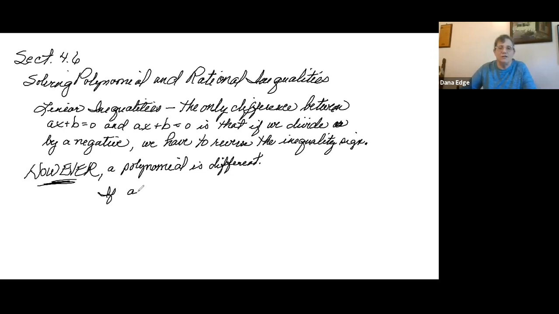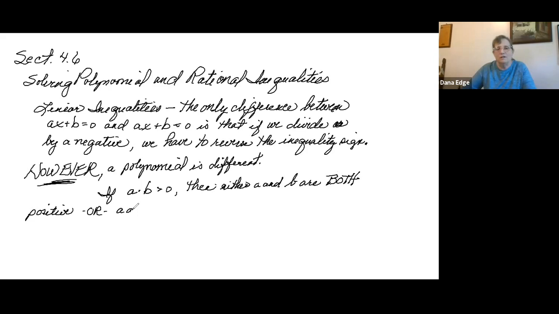If we have a situation like a times b is greater than 0, then either a and b are both positive, or a and b are both negative.